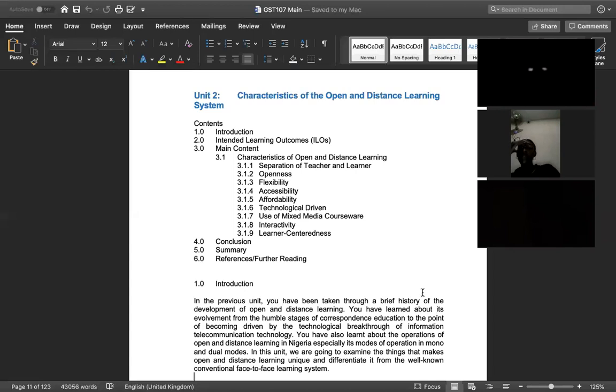Now we talk about flexibility, we talk about accessibility, we talk about affordability, we talk about technological driven, then the use of mixed media, we talk about interactivity, and interactivity is a key issue in open and distance learning system. Now, why is interactivity a key issue?